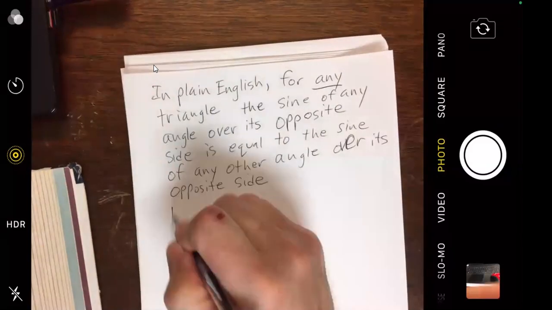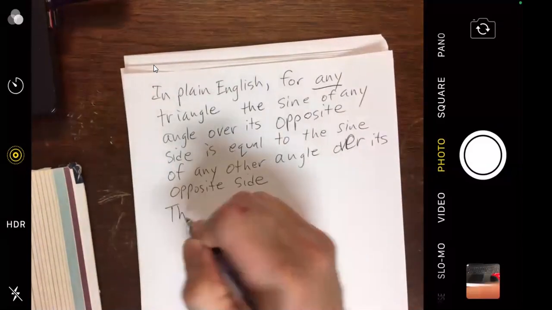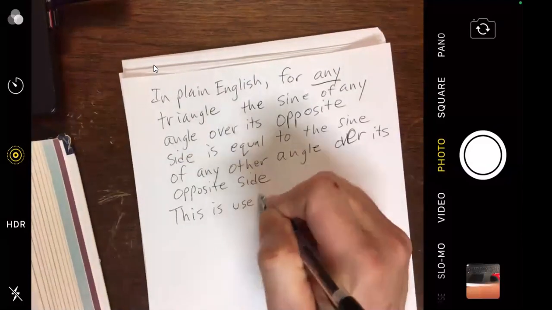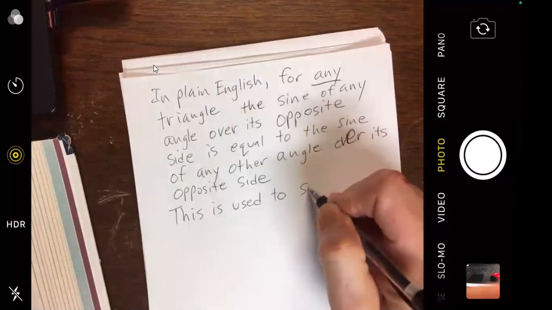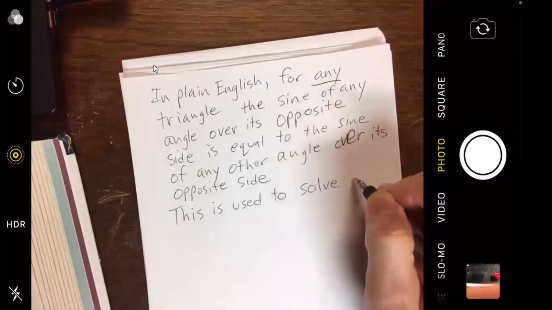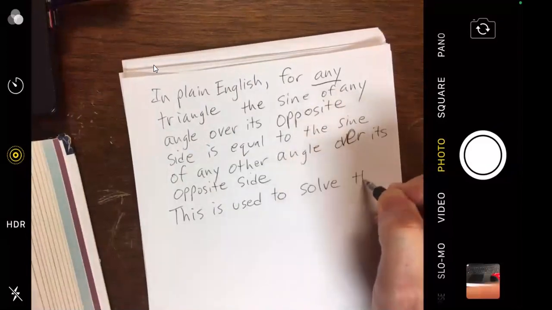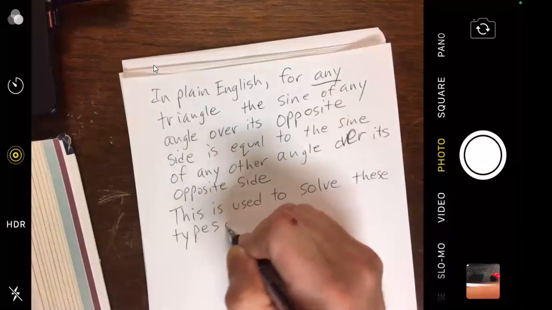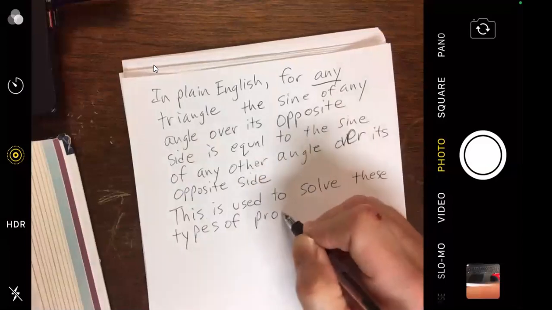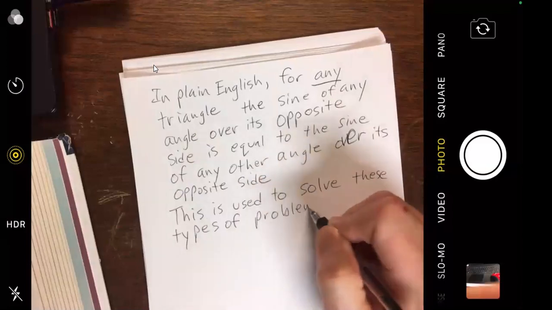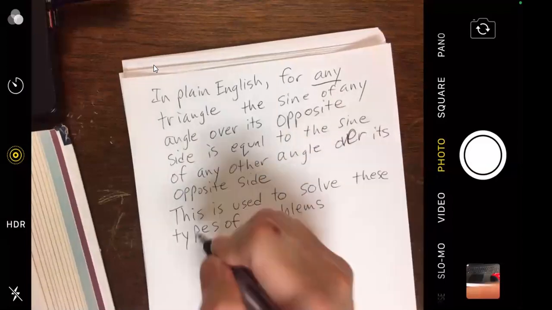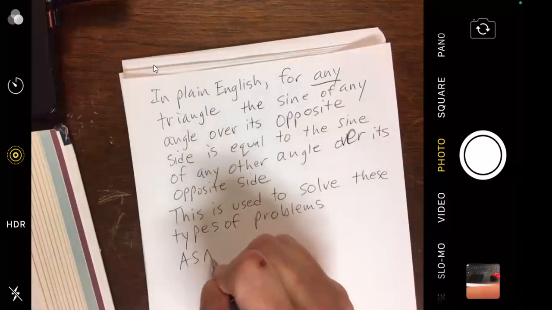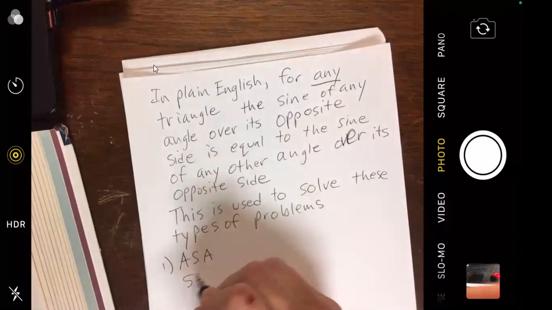And so this is used to solve these types of problems. Angle, side, angle, or side, side, angle.